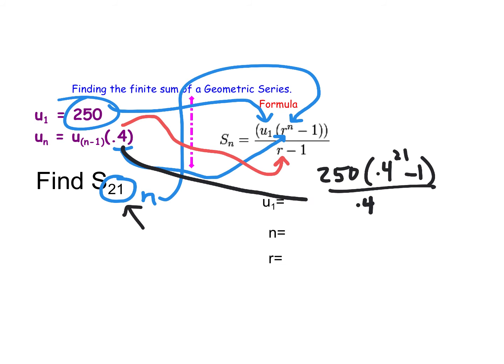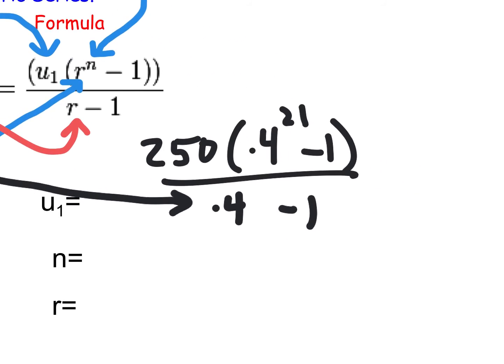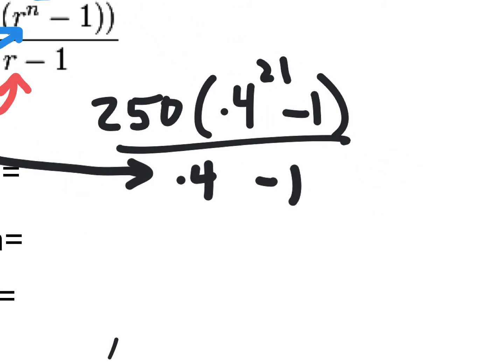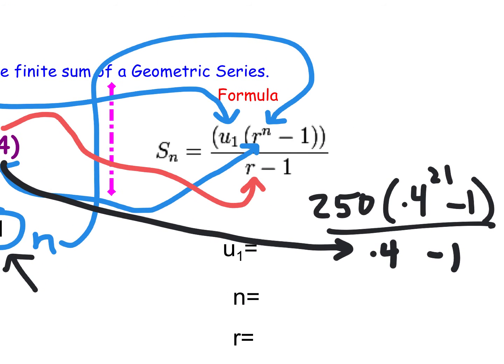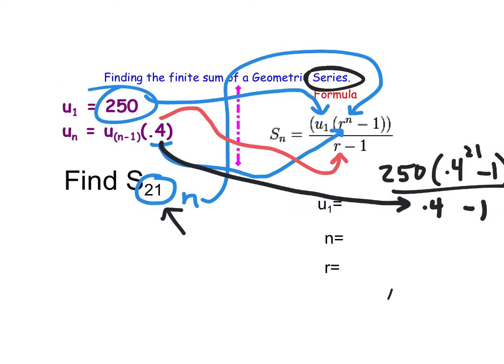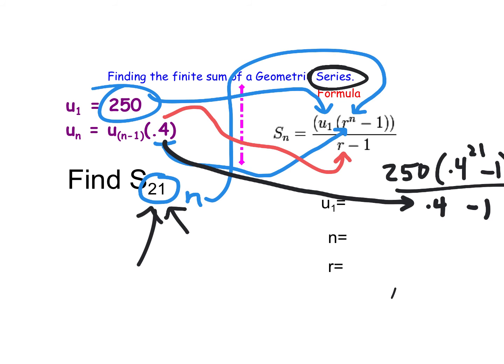Came from right there. Minus 1. And you'll have a calculator and you'll type that in and you'll get your answer. But what is it? It's what all of those things add up to. Series is the kind where you find the terms and you add them all up. How many of them? 21 of them.